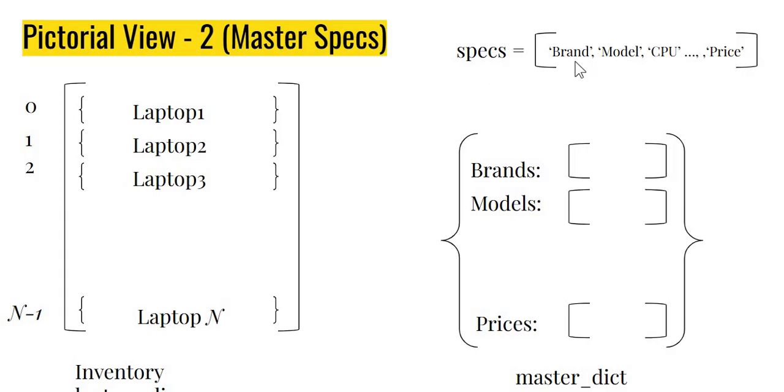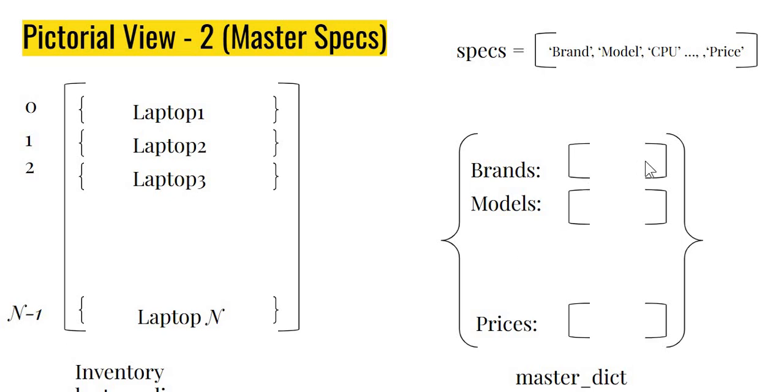So what does it mean? For example, every laptop has a brand, but the key that I'm interested in is brands, because perhaps this could be, let's say, Dell, Lenovo, Acer, Asus, HP, and so on. Models could be maybe A, B, C, whatever. CPU could be perhaps, let's say, Intel i5, AMD. RAM could be 2 GB, 4 GB, 8 GB.